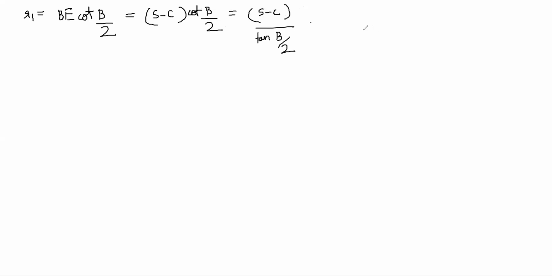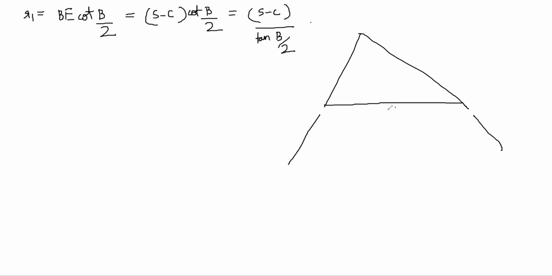Okay, we also have a relation. If you draw a perpendicular like this, this is your D, E, and this is your F. A, B, C. We have BE plus EC.